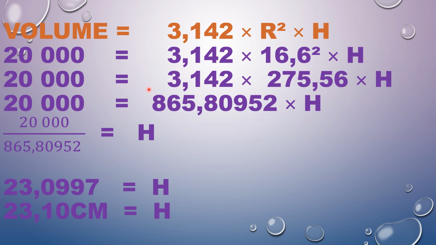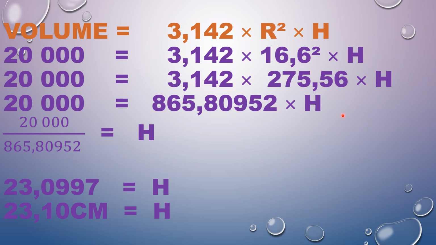So what I have is my linear equation. In my linear equation, let's multiply pi times radius squared. So I multiply, I have an answer of 865,8 multiplied by height, and on this side I have my volume.